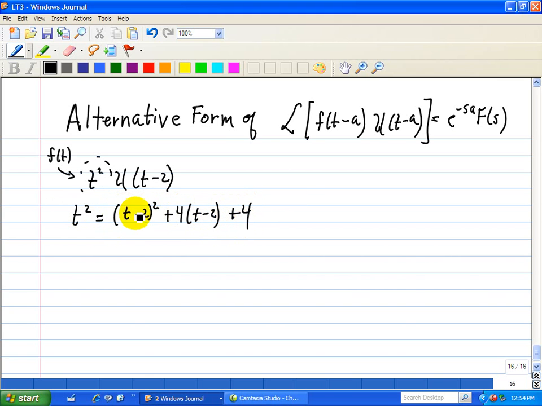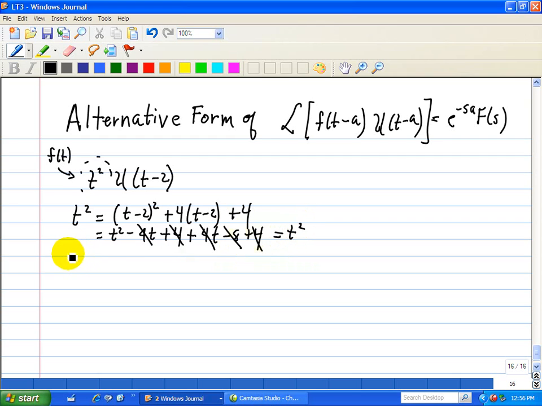Okay, so now this t squared has this form, and we can show that by expanding this out. t squared minus 4t plus 4 for this expansion here, distributing the 4 in this term, 4t minus 8 plus 4. We see this minus 4t cancels out with this 4t, and these 4's cancel out with this minus 8, and that's left with t squared.